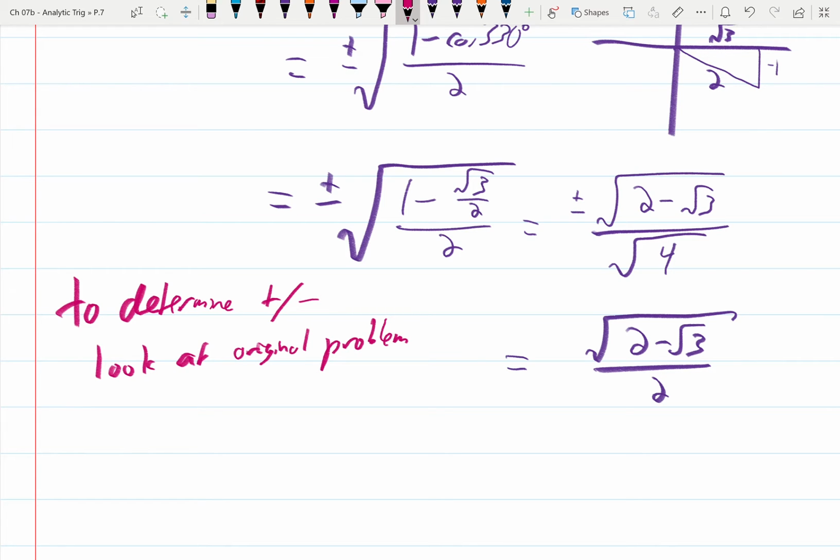Is the sine of 165 supposed to be a positive or a negative number? Where is 165? It's quadrant 2. So we pick the positive one. Bingo. We'll say because 165 degrees is in quadrant 2, where sines are positive.